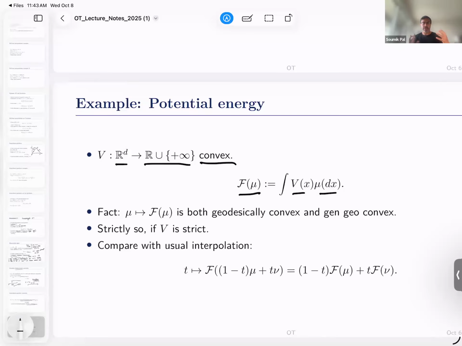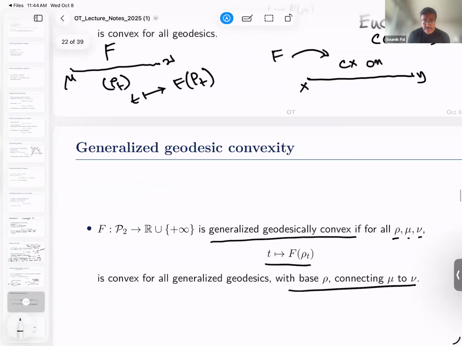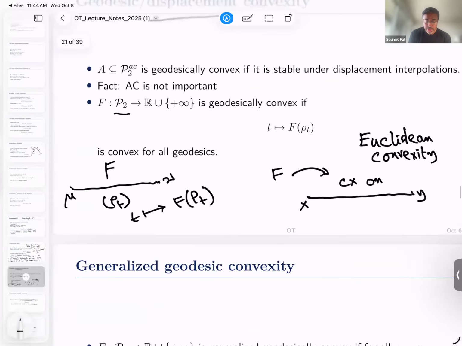All such functions look like this. You take a particular function, you integrate with respect to mu, and you get a function. The result is that if V is convex, then this function is both geodesically convex and generalized geodesically convex. If V is strictly convex, then this function is also strictly geodesically convex. By the way, what is strict geodesic convexity? That's basically when all these one-dimensional functions are strictly convex.